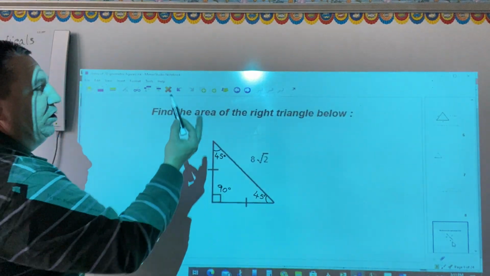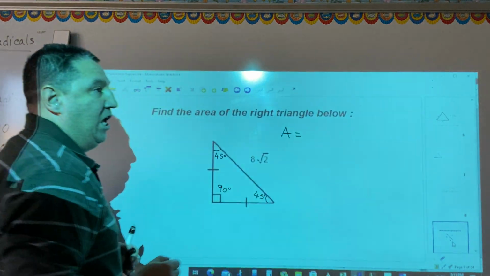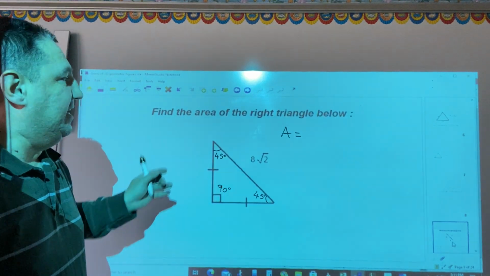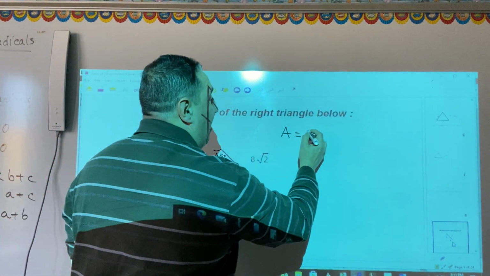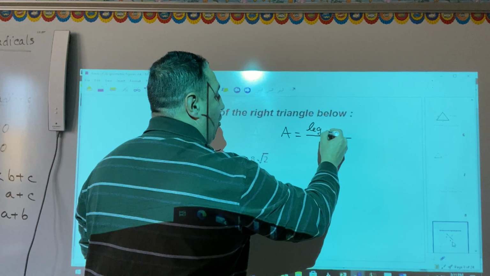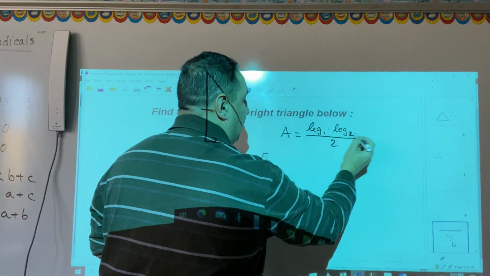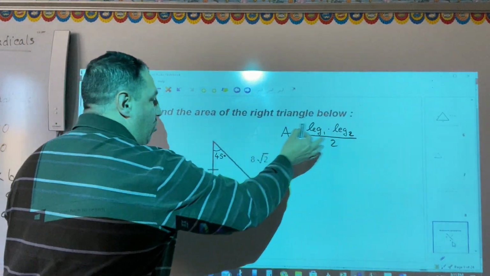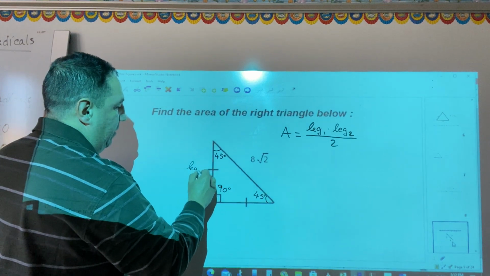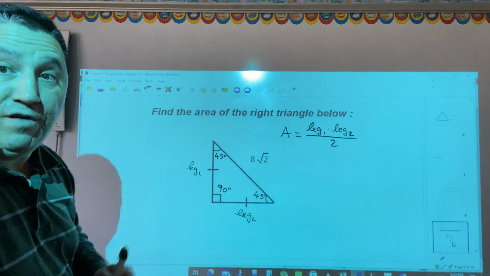Now, in order to find the area, right, we need the length of each leg, right? Because the area of a right triangle is leg 1 times leg 2 over 2. So, if we know the length of each leg, you'll be able to find the area.